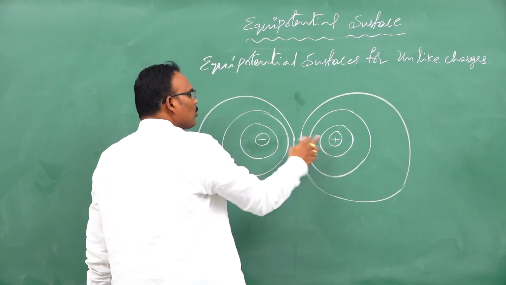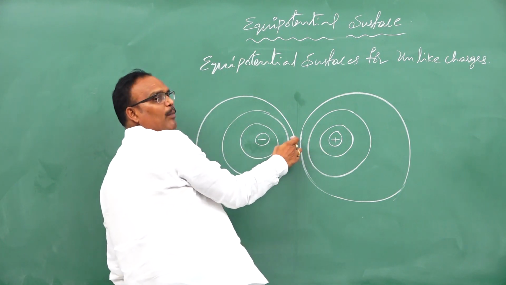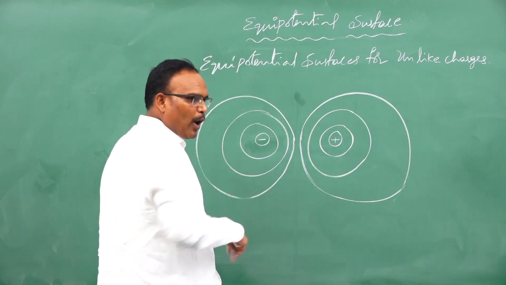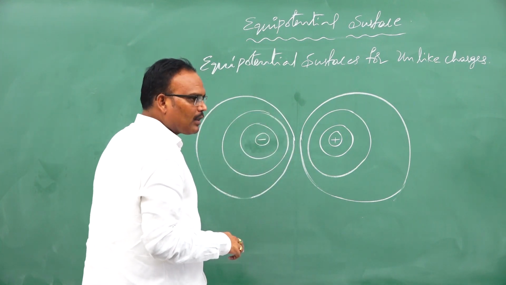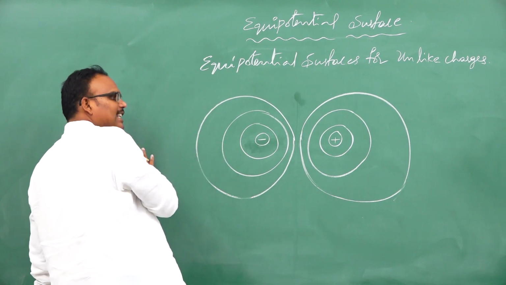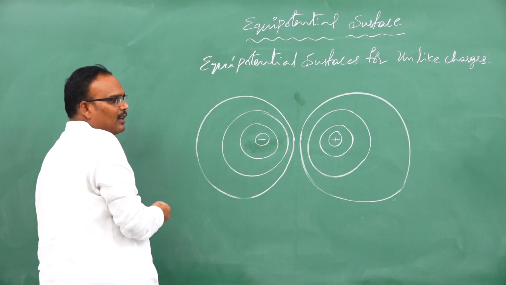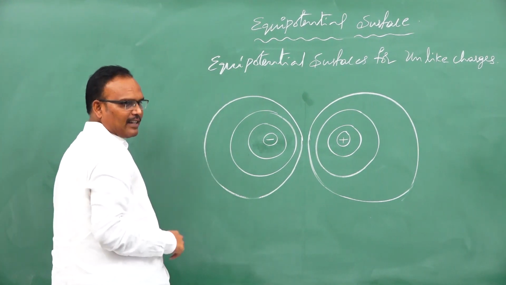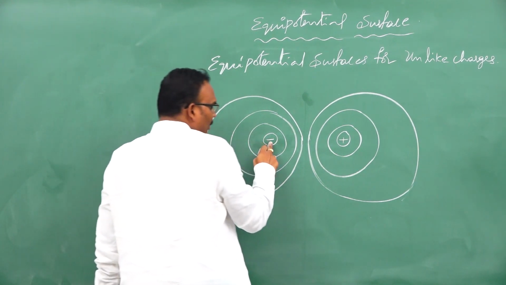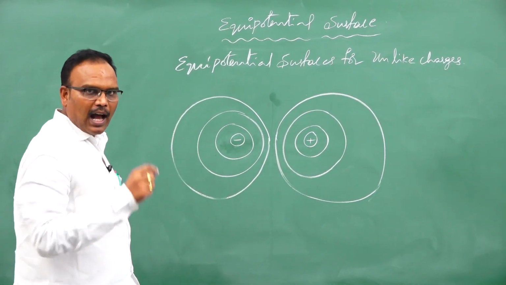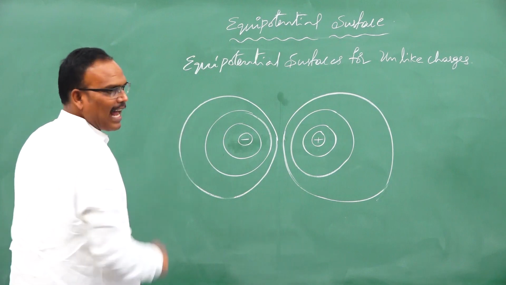So these two charges form one null point between the charges here. Another null point also forms outside the charges, but we don't know which is the weak charge and which is the strong charge, so somewhere here we can expect a null point. If the magnitude of the negative charge and the positive charge are equal, then I will say this is a dipole.